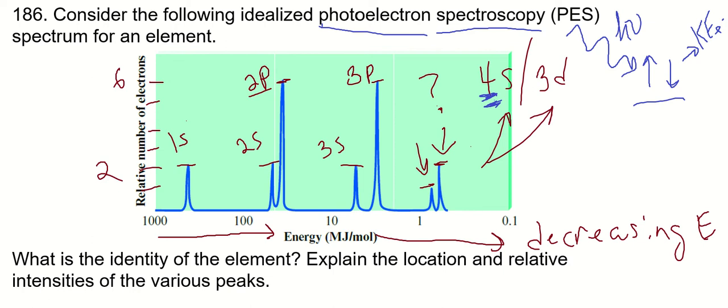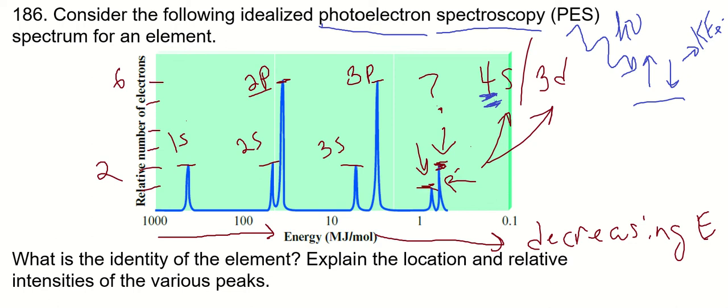So go ahead, pause if that helps at all, and figure out which of these peaks is which. Okay, well, this I just told you. So that right there is your 4s, because when you remove, this is a removing graph, a PES graph, those 2 electrons there are coming out of your 4s.